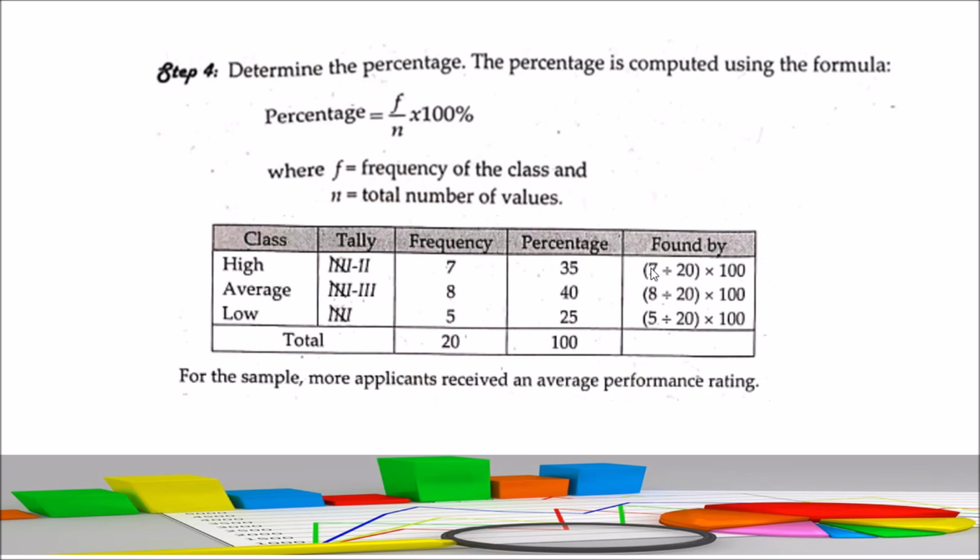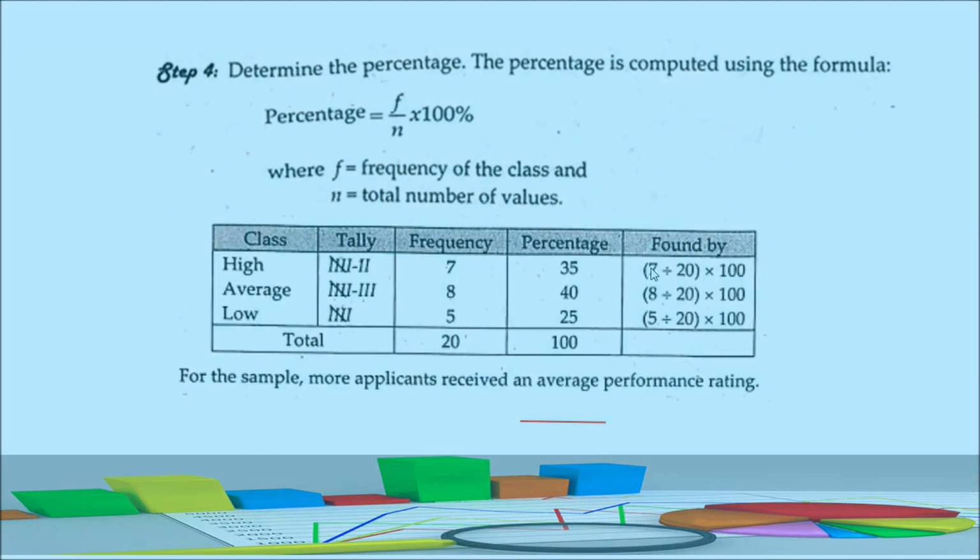The next is 8 divided by 20 times 100, and that will give us 40%. And next is 5 divided by 20 times 100, and that will give us 25%, a total of 100%. For that sample, more applicants receive an average performance rating, meaning the highest percentage obtained is average.